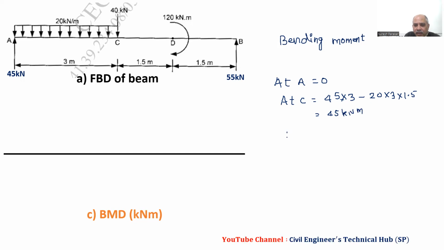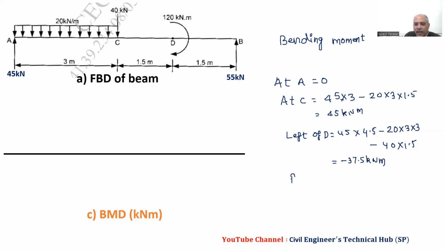Then we have left of D, you can come from the right side also. So we have 45 into 4.5 minus 20 into 3 into 3 minus 40 into 1.5, which is minus 37.5 kilonewton meter.